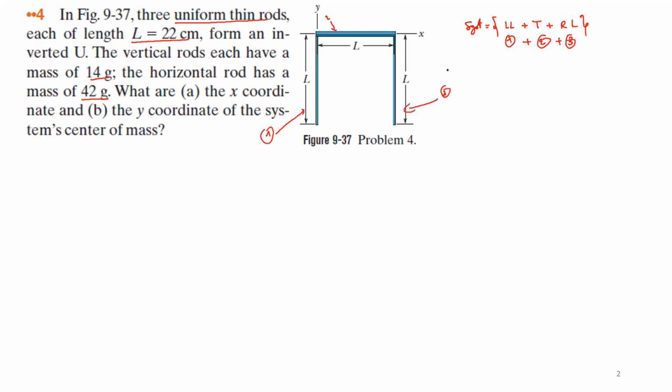So what is the x coordinate of the center of mass and what is the y coordinate of the center of mass? You know that the x coordinate of the center of mass is m1x1 plus m2x2 plus m3x3, because here I have this geometry. I cut it down into 3 simple geometries, the left leg, the top, and the right leg, divided by the total mass.